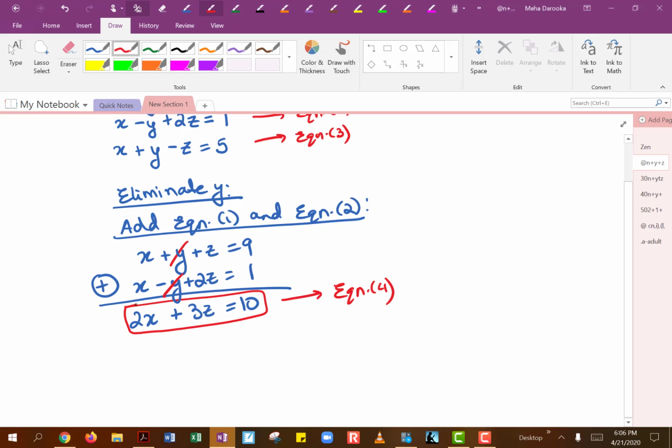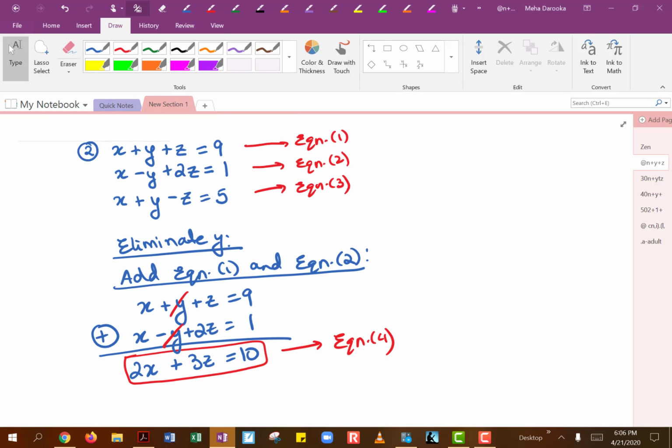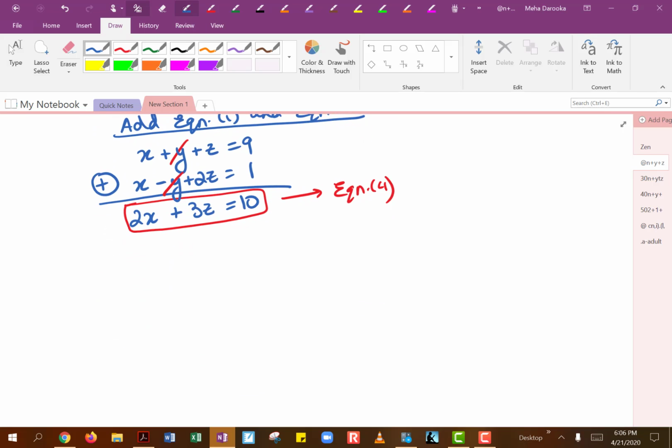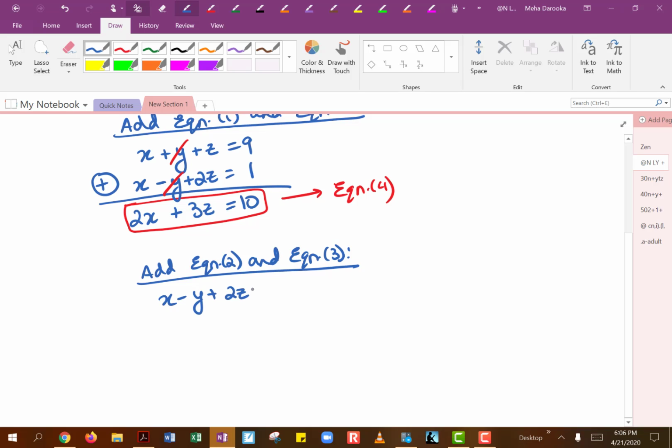This time, because we still need to use equation 3, how about we add equation 2 and equation 3. Equation 2 is x minus y plus 2z equals 1.